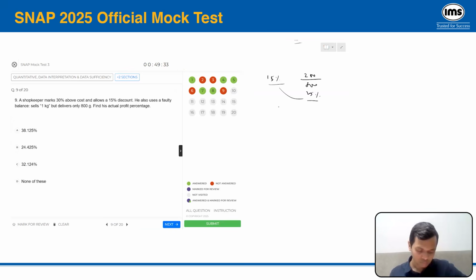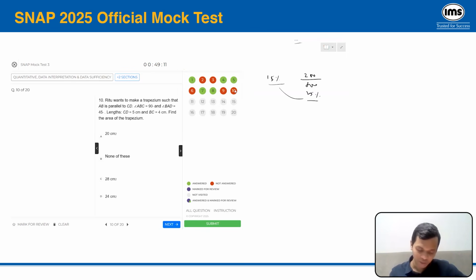So, okay. Sells 1 kg but delivers only 800. So 25% for sure. And another 15%, right? Should be. I don't know. I think it should be 40%, but maybe we'll come back to it.